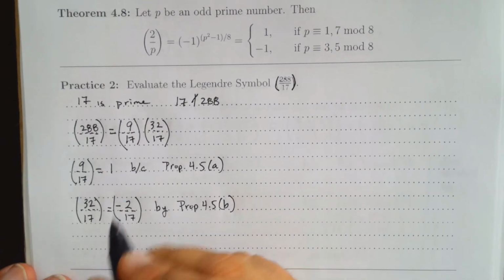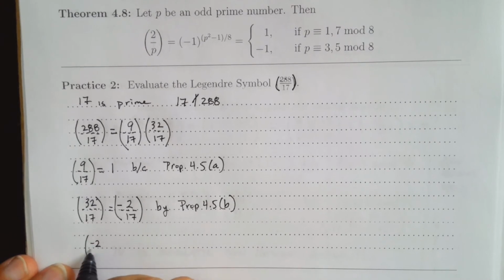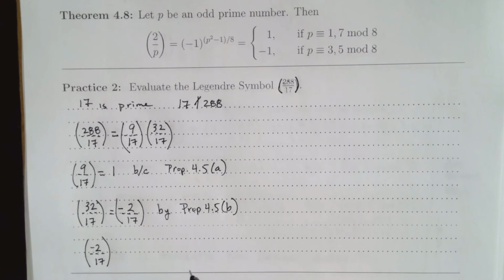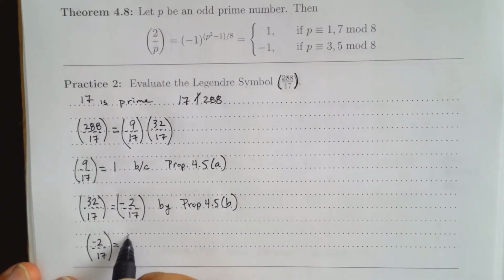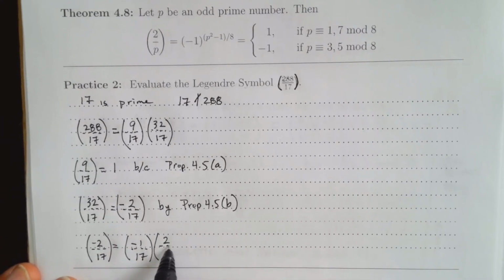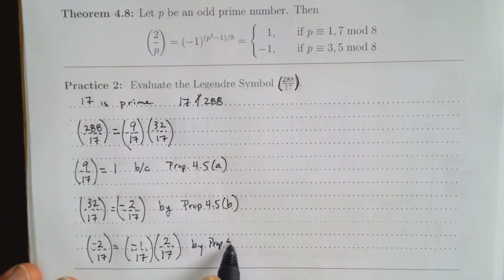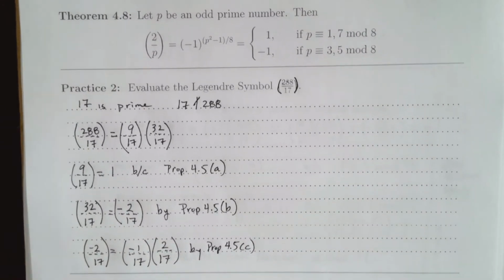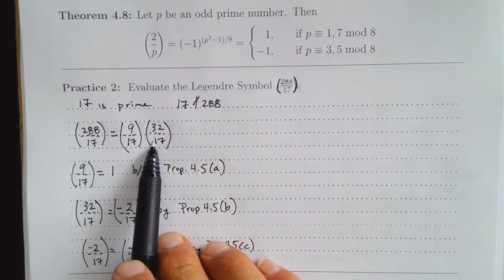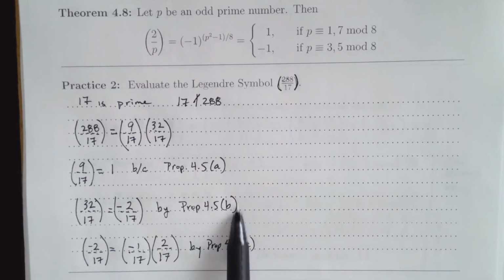And then we could also do the following: the Legendre symbol of -2 and 17 will equal the Legendre symbol of -1 modulo 17 times the Legendre symbol of 2 modulo 17 by our proposition 4.5c. Then we just went through and used our propositions A, B, and C once again.